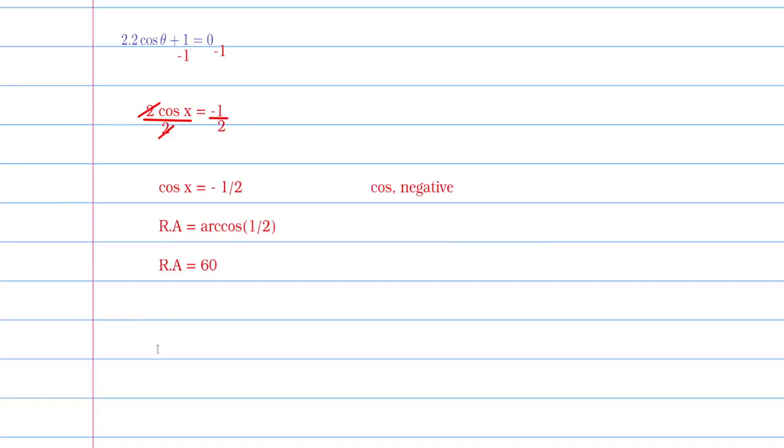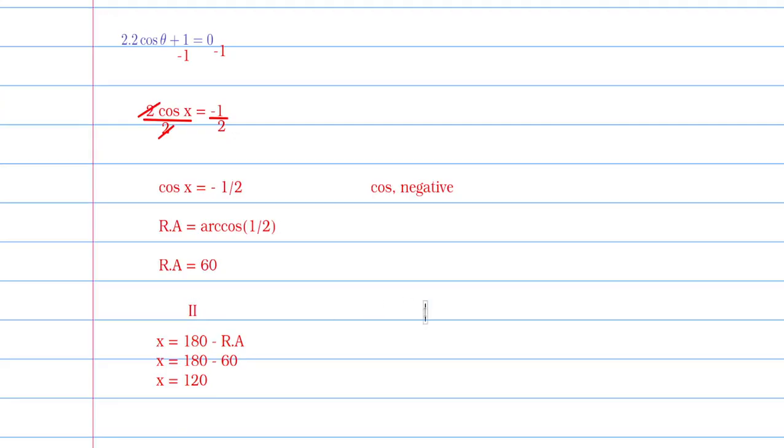Let's deal with it. So our theta, or rather x, is equal to 180 minus the reference angle. In this case the reference angle is 60, so x is equal to 120 degrees. This was the second quadrant.